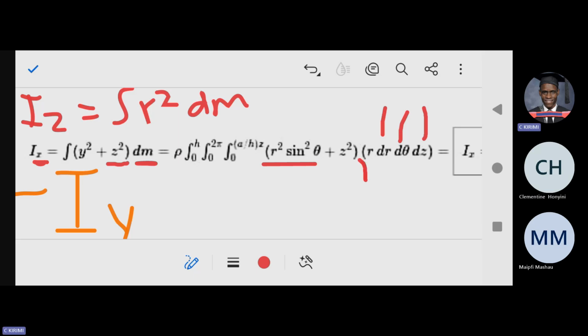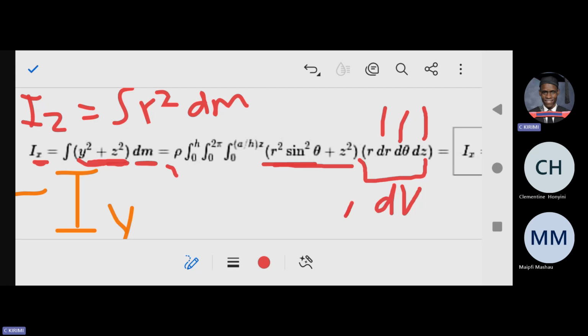And what is this volume element? This is what we are referring to as dV. That's our dV. And this middle term is what we are referring to as y squared plus z squared. So dm has been replaced by rho dV.